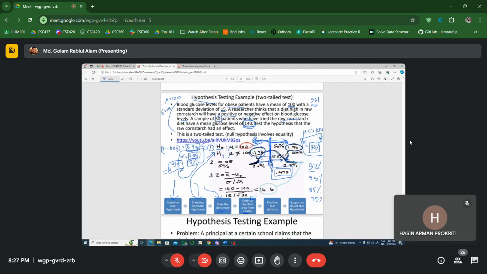So this is our critical point, and beyond the critical point is our rejection zone. This side is our rejection zone, and similarly on the negative side, this side is also our rejection zone. So we have identified the rejection area. Next, we have to find the test statistic. That means from our survey, whatever we get, we have to find our Z score.